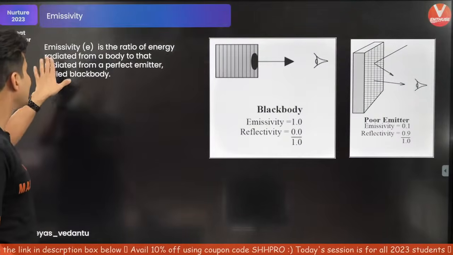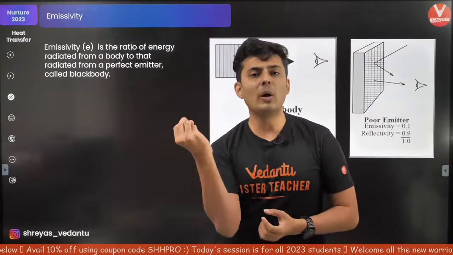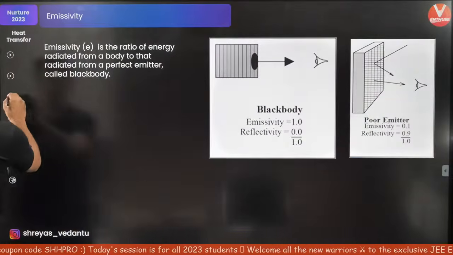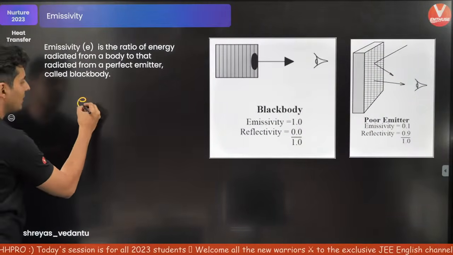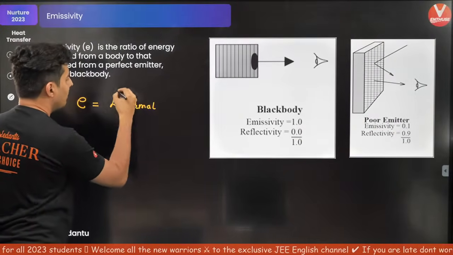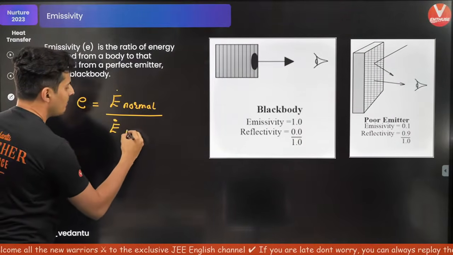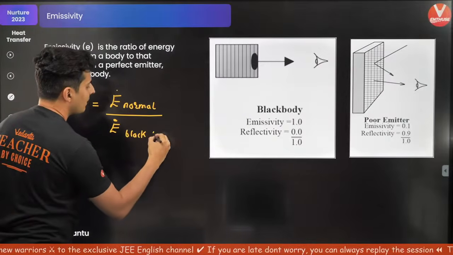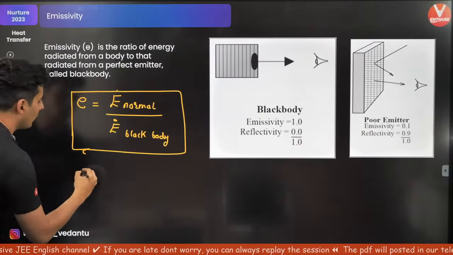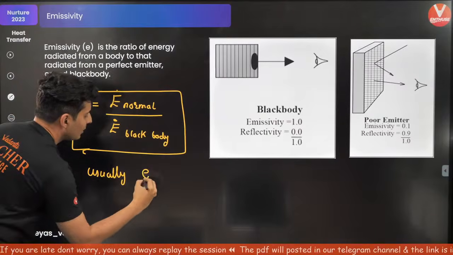Emissivity. What is emissivity? Emissivity E is nothing but the ratio of how much a normal body emits upon how much a black body emits. So this number, which is dimensionless, is nothing but how much a normal body emits per unit time upon the energy of a black body. Can you now guess, for normal bodies, what do you think will be the value of E?